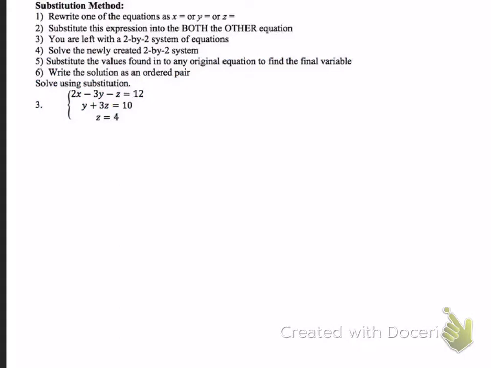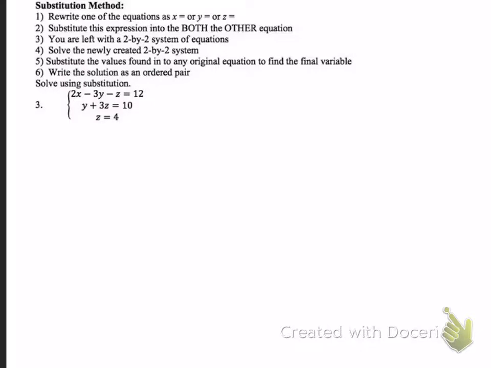Okay, with substitution, it's a little different. With elimination, you tried to eliminate one variable twice. With substitution, you're trying to solve for one variable, and then you substitute that variable twice. So you have to do everything twice because there's 3 equations. Your whole goal is to get it to a 2 by 2 so that then you can solve using the methods that we already learned.